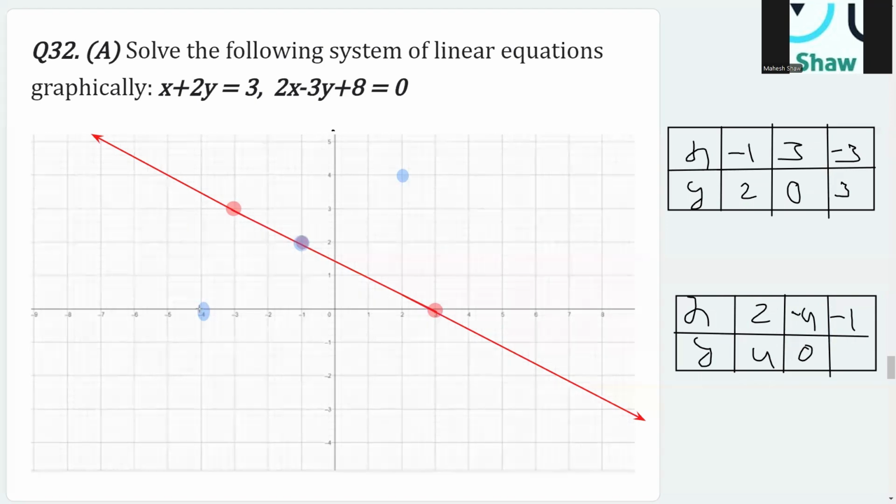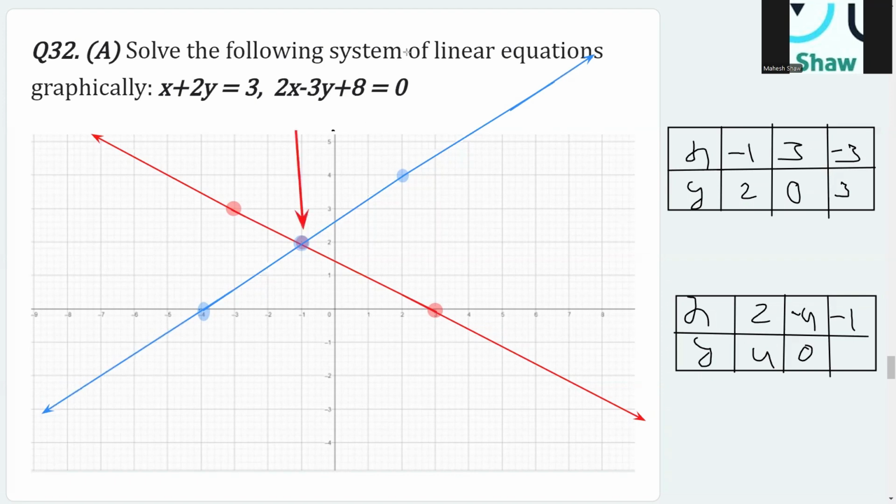So let's join these points first. You need to join these points and keep producing it forward. Must put an arrow indicating that this is a line and not a line segment. So we have to obtain the solution of this equation, and clearly the solution will be the point of intersection of these lines.